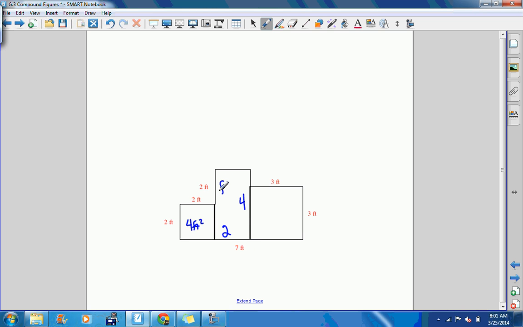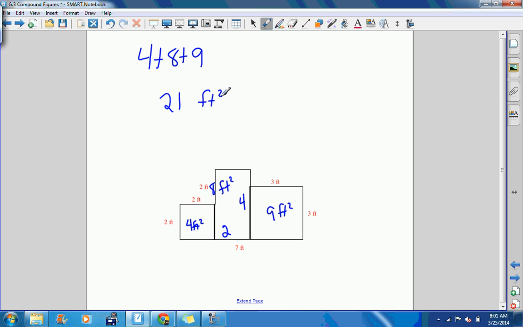So this would be 8 feet squared. And the last one here, that one's pretty much already drawn, and that's a 3 by 3, so that's 9 feet squared. So then we add up the 3 pieces, 4 plus 8 plus 9, which is 21 square feet.